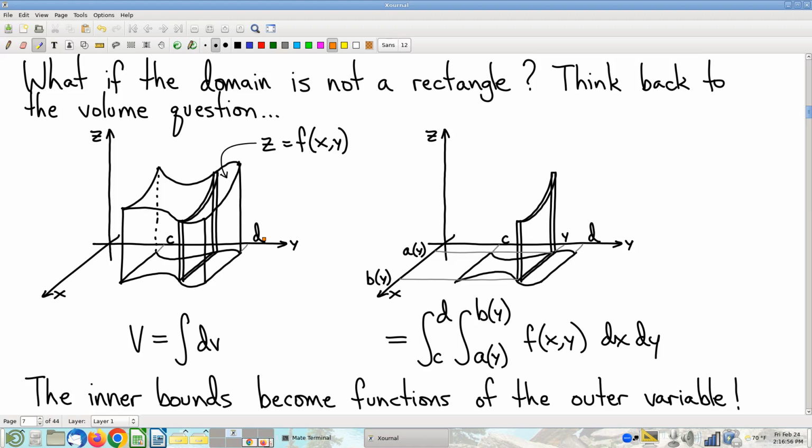What if the quantity in question is distributed over something that's not a rectangle? Right? Everything we've done so far, rectangular domain. Only defined on a rectangle.